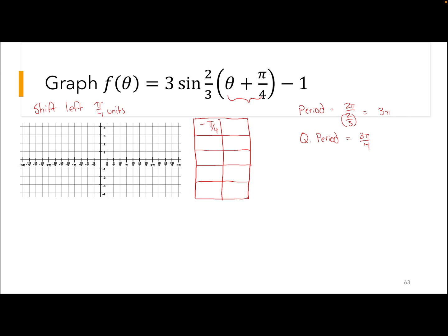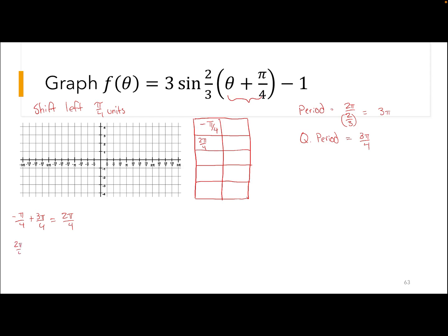So that means that from this negative pi over 4, we just need to keep adding 3 pi over 4. So now negative pi over 4 plus 3 pi over 4 is 2 pi over 4. And I encourage you to not simplify this stuff yet, because it helps you. The simplified version isn't going to help you get to the next one easily.